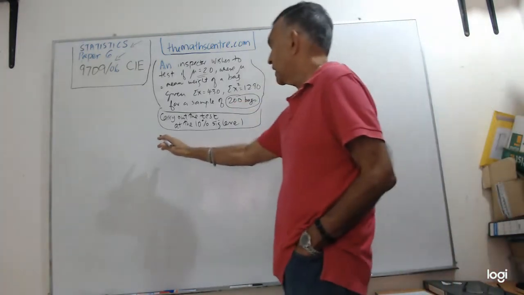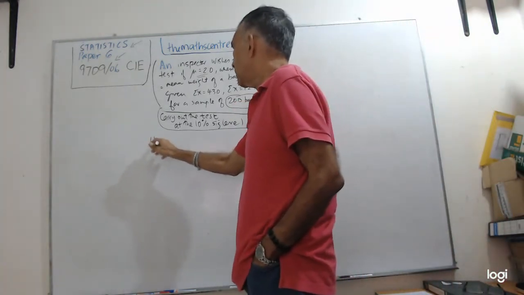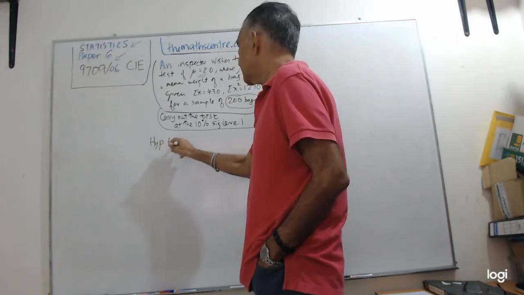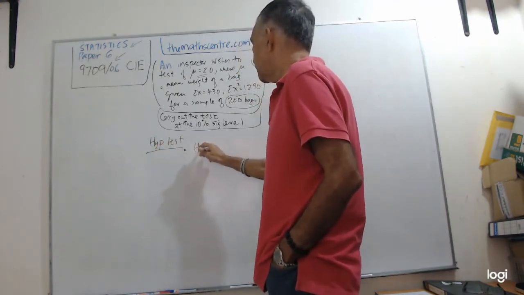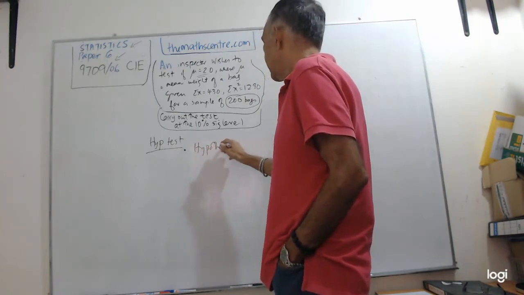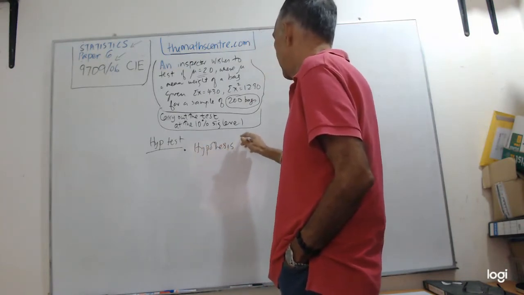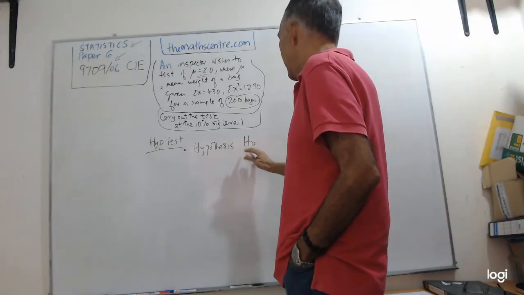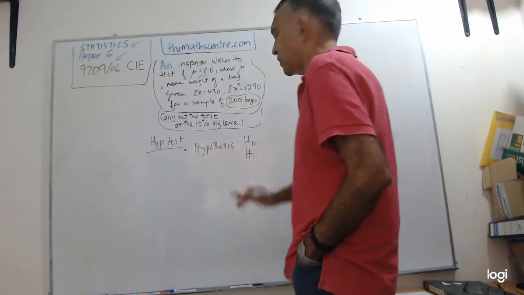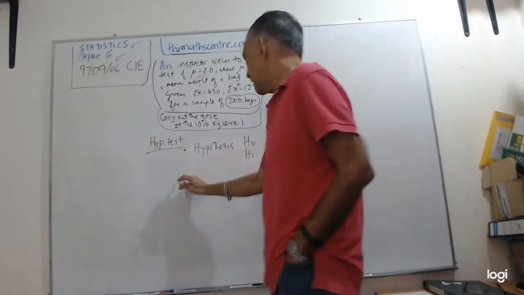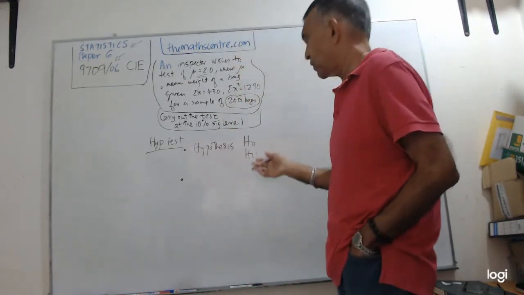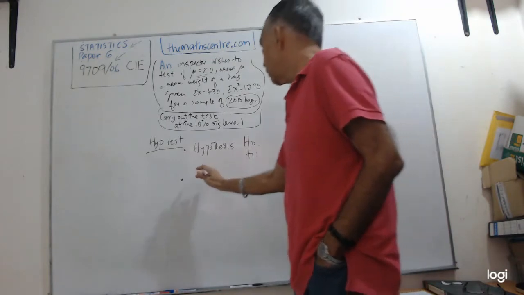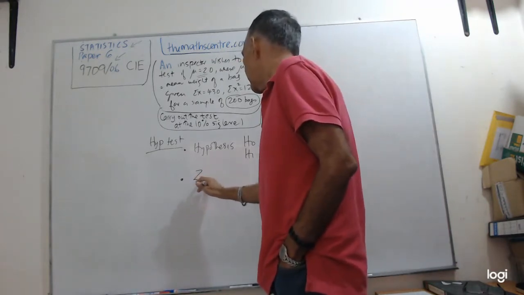Hypothesis testing, let's summarize what we need. Do not forget your hypothesis first: the null hypothesis and the alternative hypothesis. The second step, in this case dealing with a large sample, is to work out a test statistic, Z calculated.